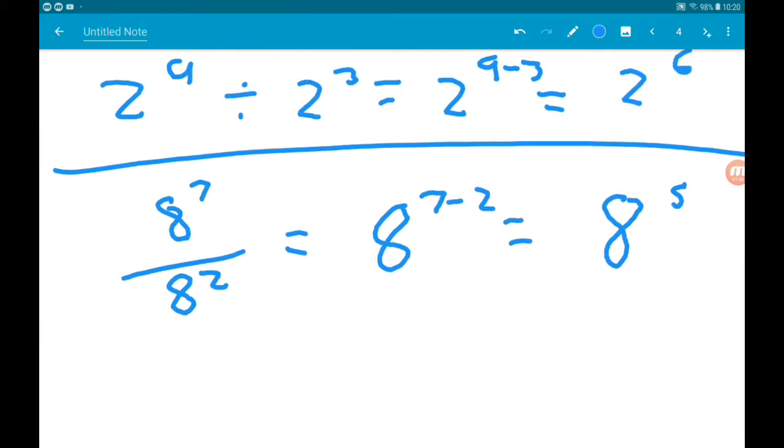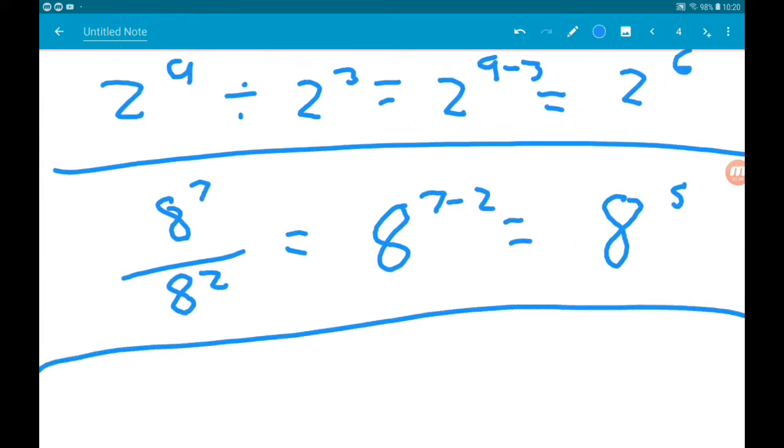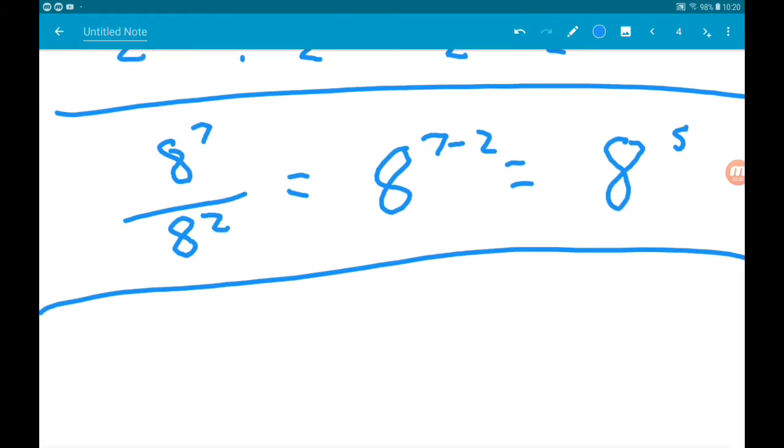Again, they love getting algebra involved, so we might have x to the power 11 divided by x to the power 7.